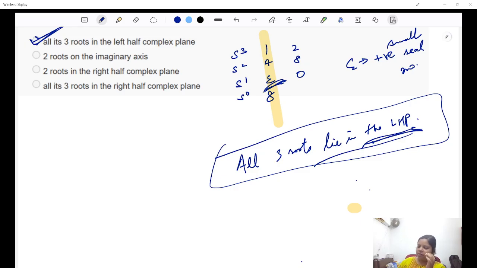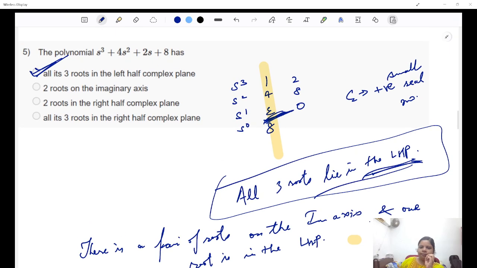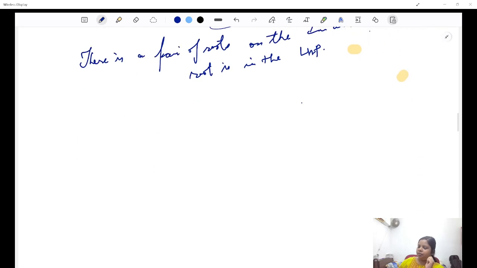So, since we had 0 in the first row, that means there is a pair of roots on the imaginary axis and one root is in the LHP. Okay, this is what you get from here. Okay, let's move to the next question.